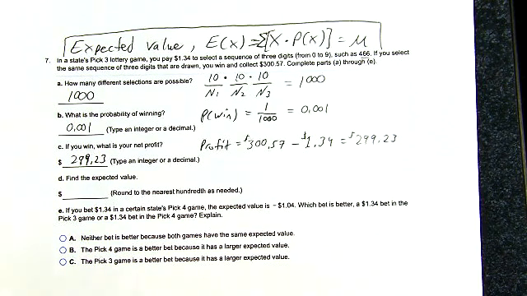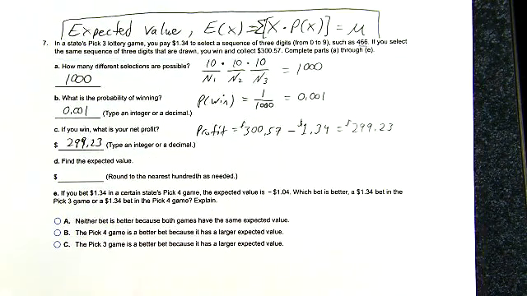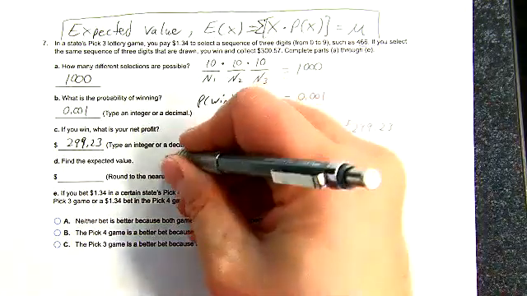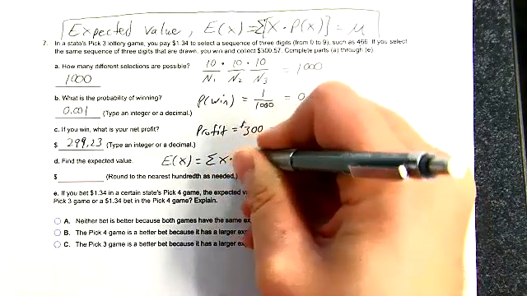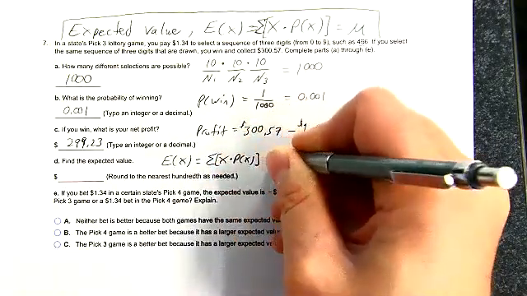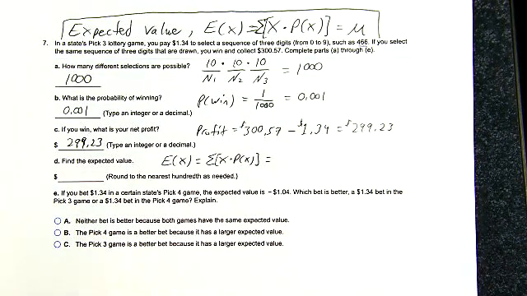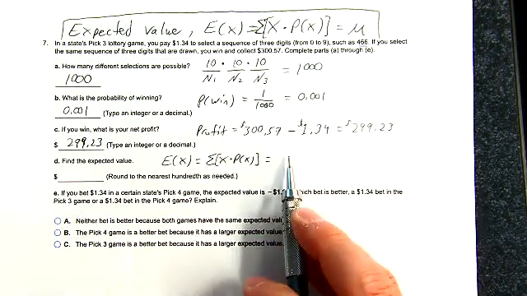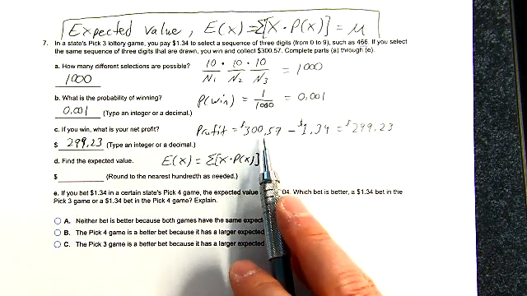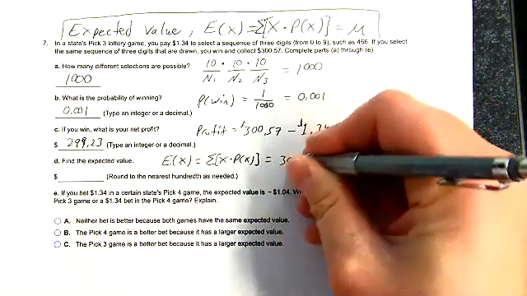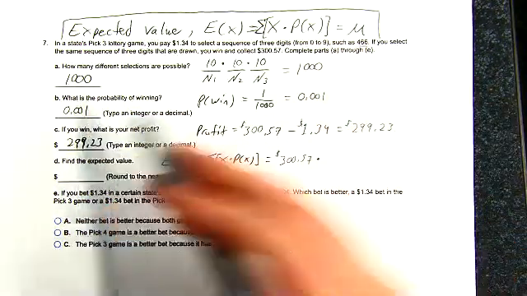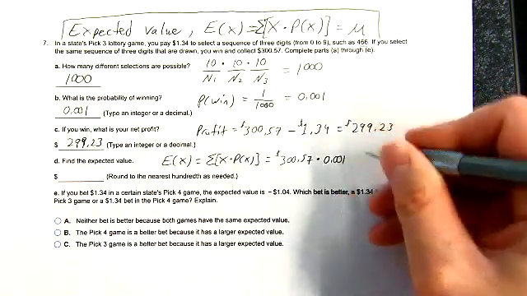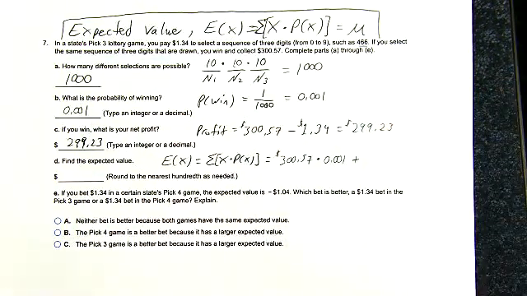Okay, part D, and this is the important part. Find the expected value. The expected value is equal to each x times its probability added up. And the x's are the payouts. So I've got a $300 payout times its probability of 0.001 plus, this is the tricky part.